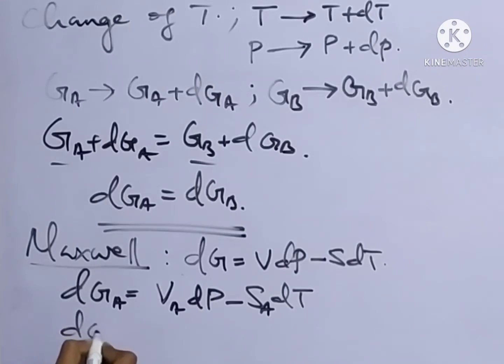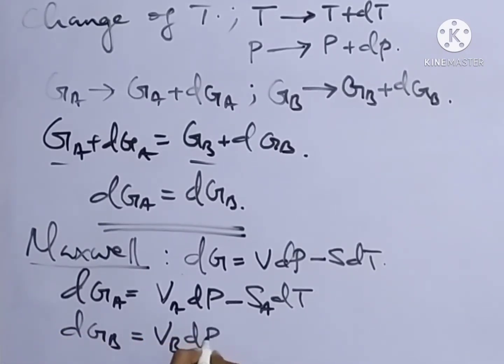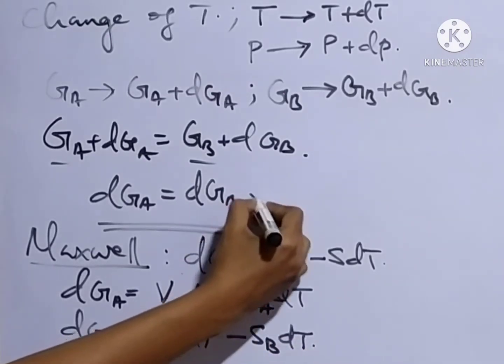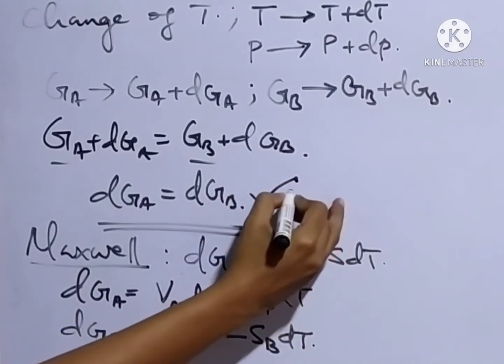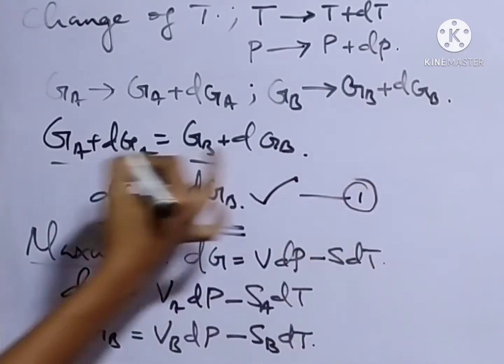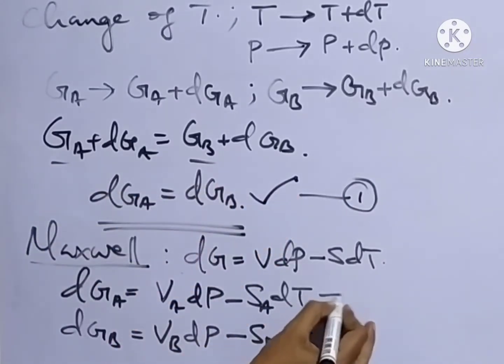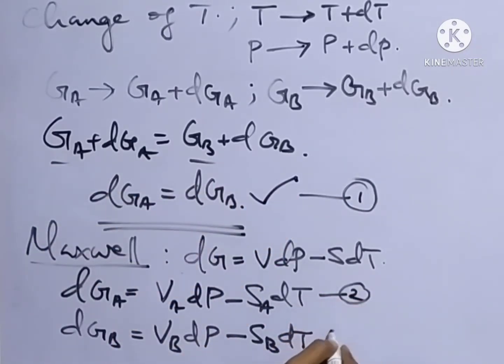Same way, dGB equals VBdP minus SBdT. We can label these as equation number 1, 2 and 3.